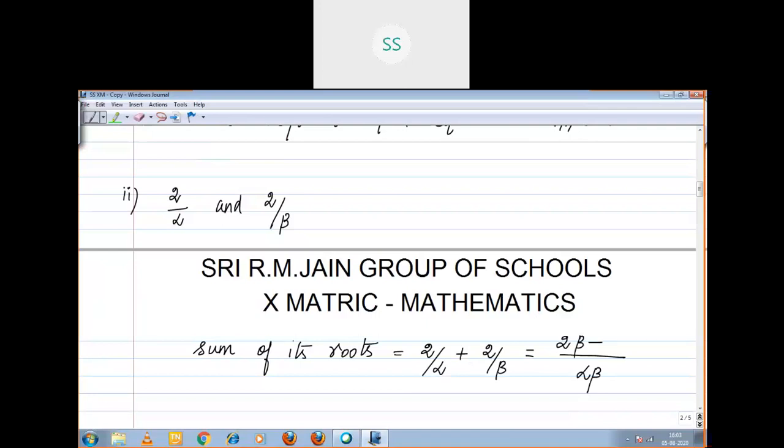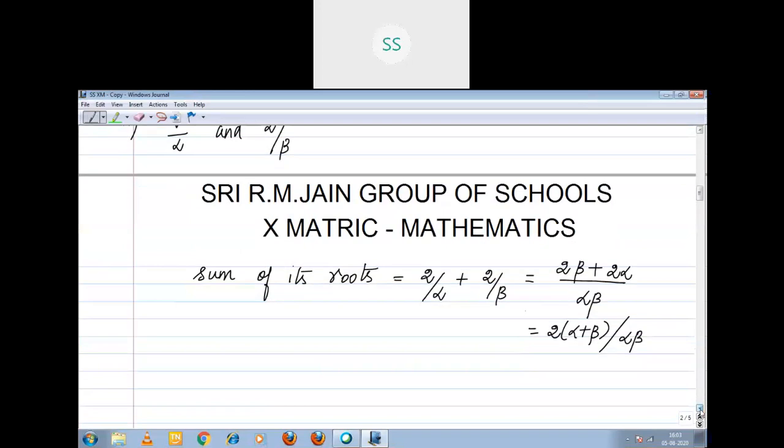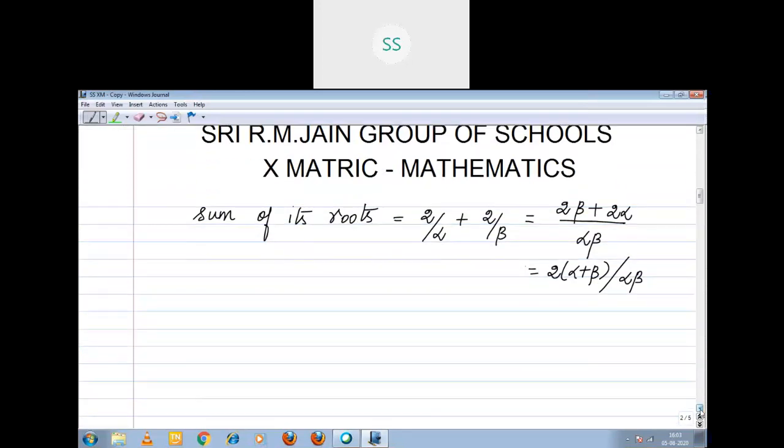The second one is missing alpha, so 2 alpha, which is equal to 2 times alpha plus beta divided by alpha beta. You know the value of alpha plus beta and alpha beta. Already we found it and kept it in the first part, right? So this is equal to 2 into minus 6 divided by minus 4.